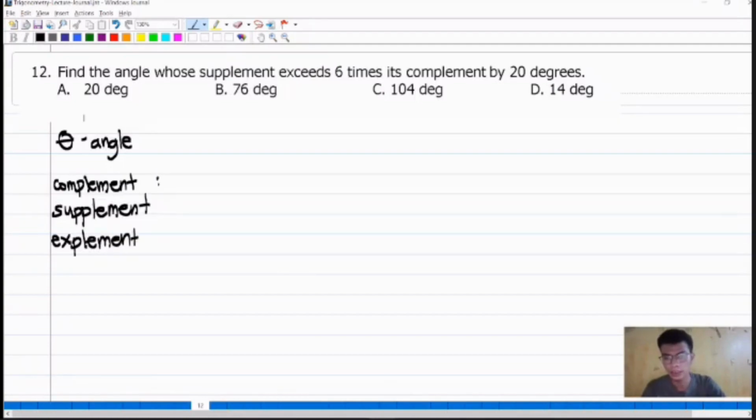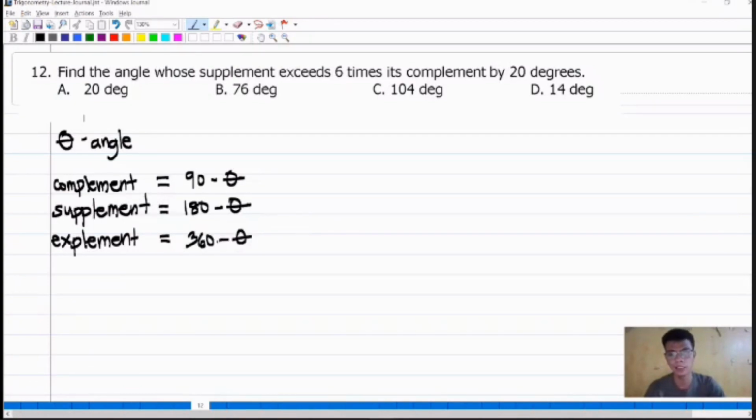Na kung saan ang value ng bawat isang ito ay nakadepende kay angle theta. So ang value ni complement is 90 minus yung mismong angle na given. Ang supplement naman is 180 minus yung angle na given, while the explement is 360 degrees minus the angle given.